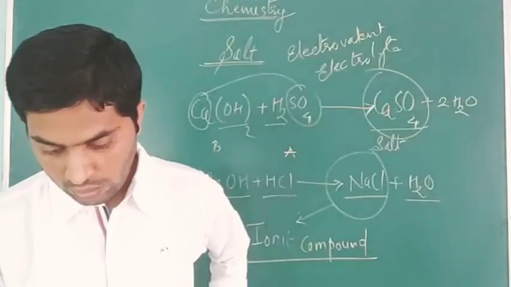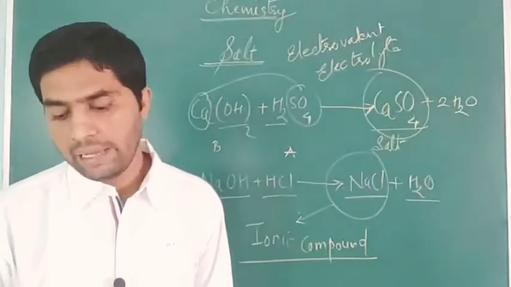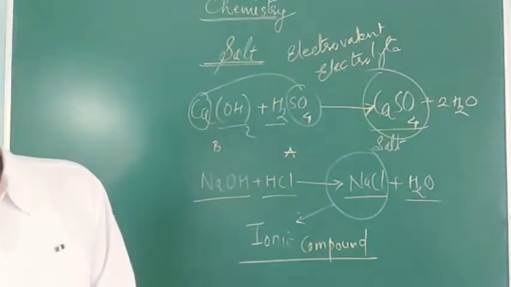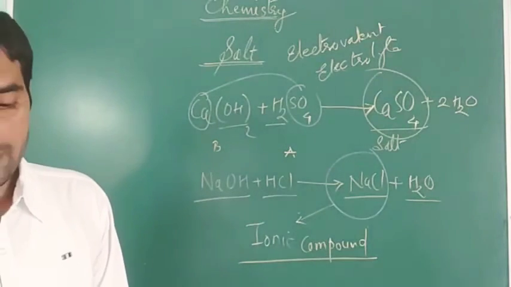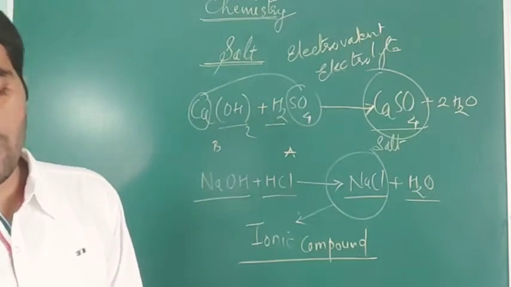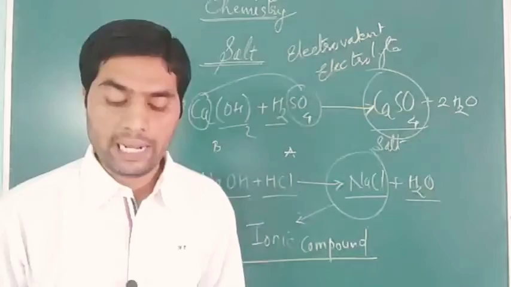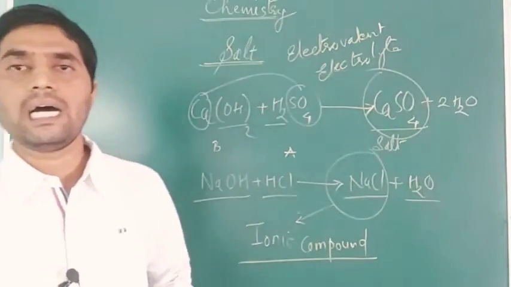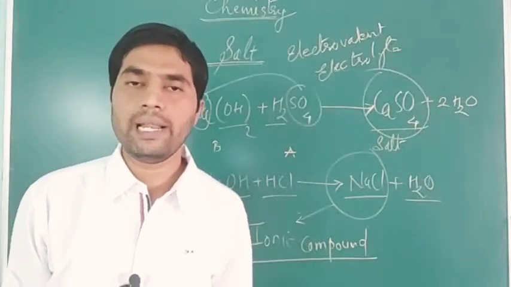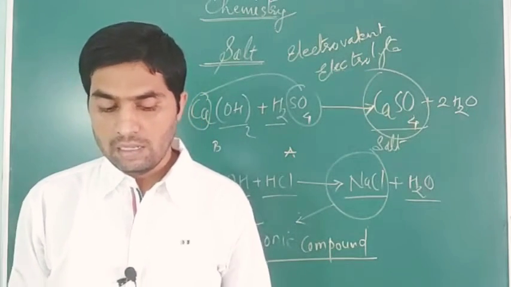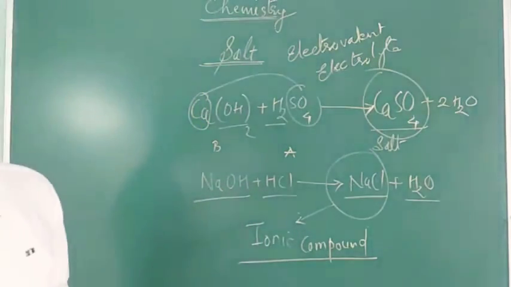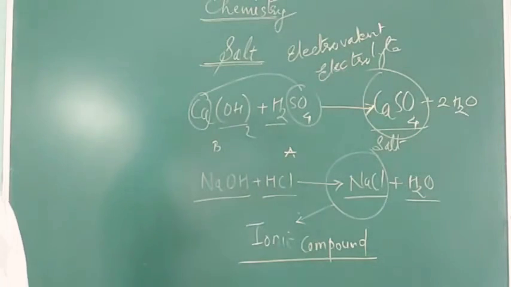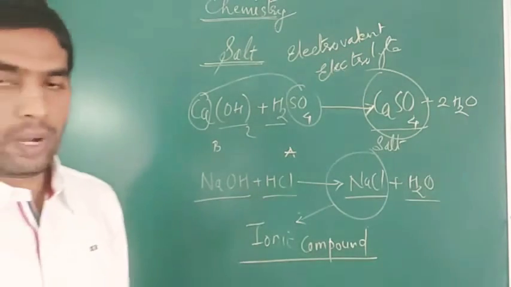Salts ionize completely on dissolution in water. For example, ammonium chloride, potassium chloride, sodium sulfate, sodium chloride, sodium oxalate, calcium sulfate, copper sulfate. These are salts, and they are good electrolytes. Salts are regarded as compounds made up of positive and negative ions.